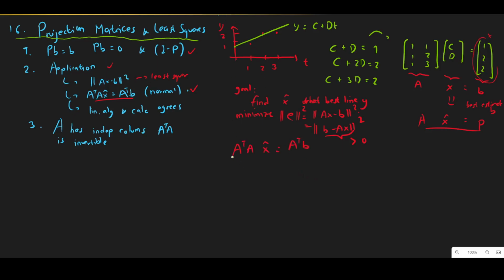We compute A transpose A and A transpose b. By the way, this is also called the normal equation, and Professor Strang mentioned that this is a really important equation for statisticians. Whenever you want to fit some line to some measurements, this equation always comes into play.